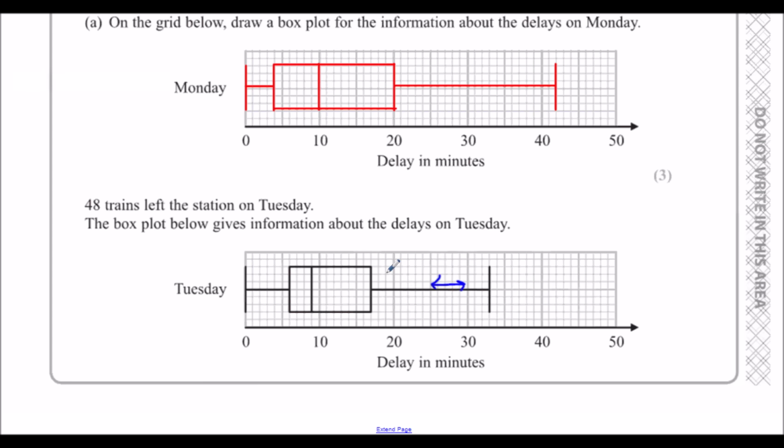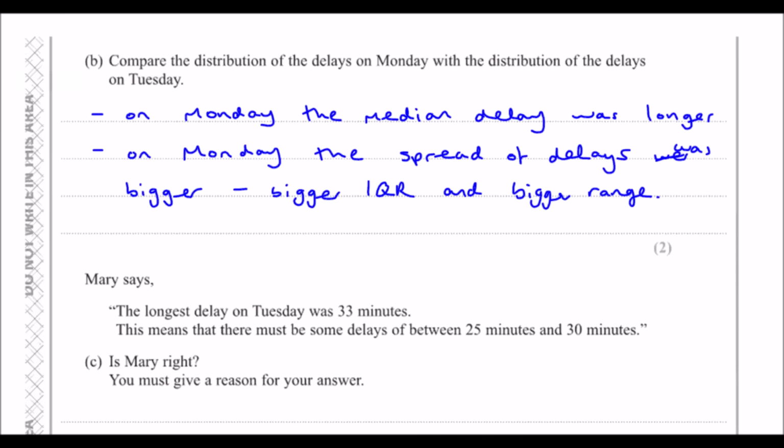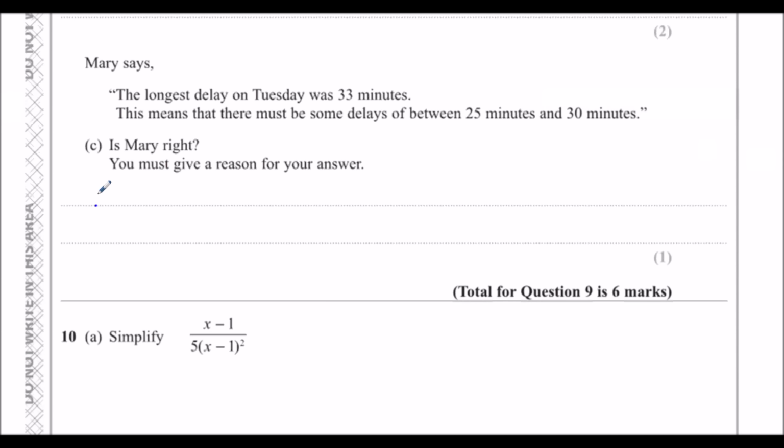So no, Mary's not right, because all of the delays could have been between 17 and 20 and 25 and 33. So no, Mary isn't right, because we don't know. We don't know when those delays were.